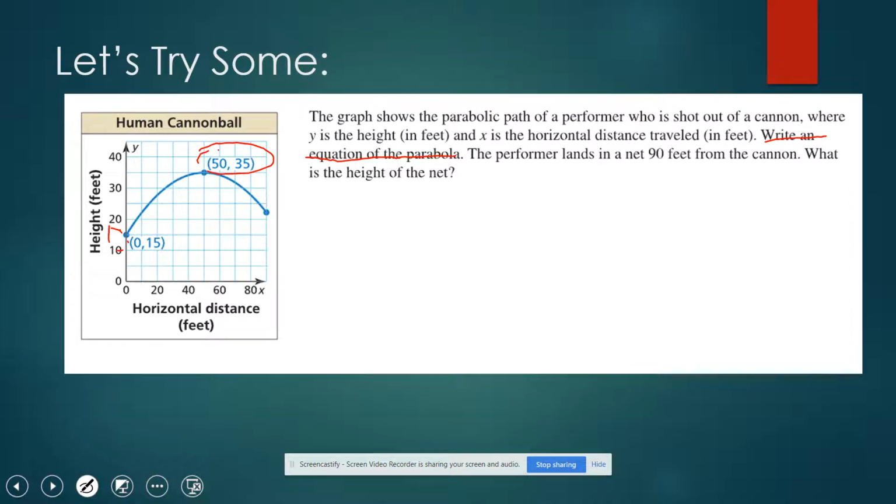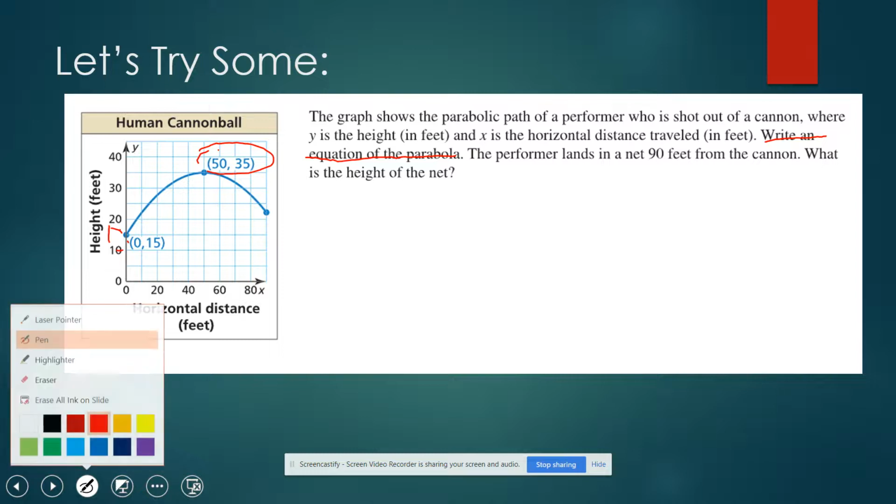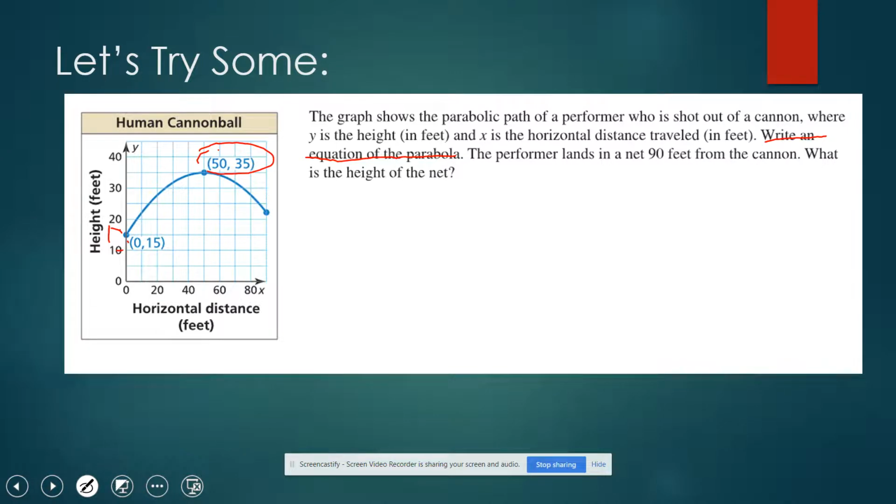We're not going to worry about the height of the net right now. So let's talk about what we're given. We're given a point, xy. And this 50, 35 is a special point because it's the vertex, which means that's hk.